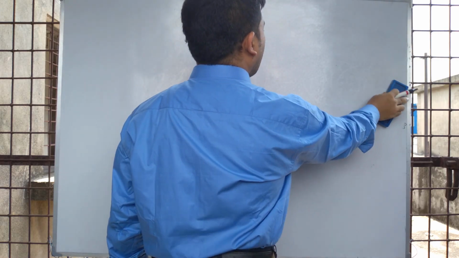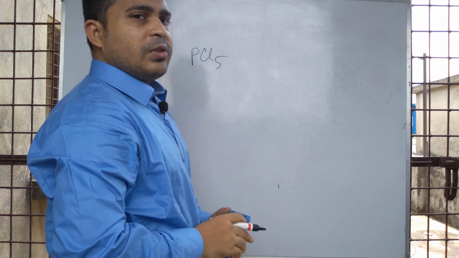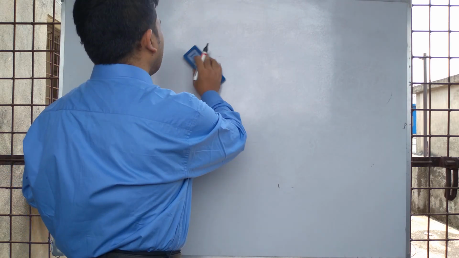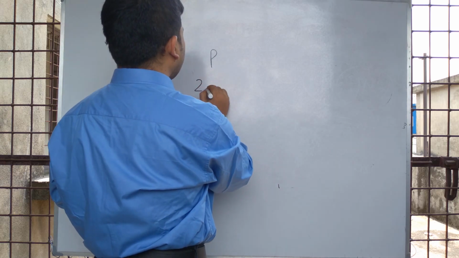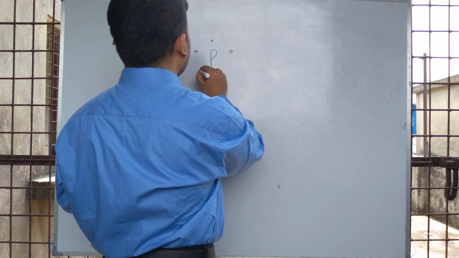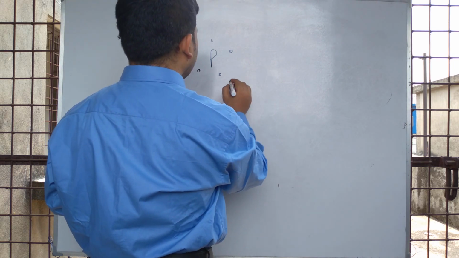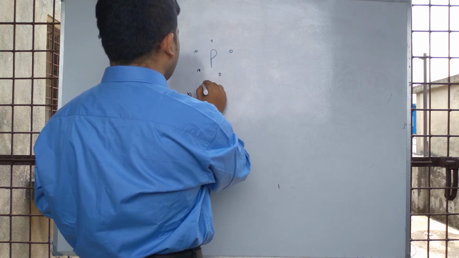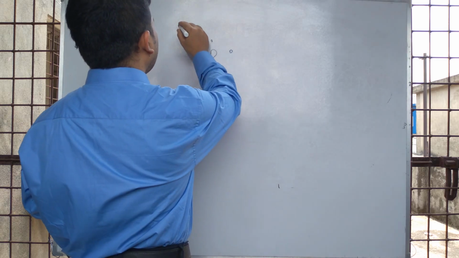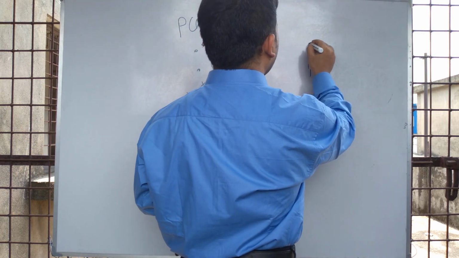Now we will see how the PCl5 molecule is formed. Remember, in the PCl5 molecule, the octet of phosphorus does not take place. In PCl5, phosphorus has 5 outermost electrons, and chlorine has 7 outermost electrons. So in PCl5 we see the covalent bonding.